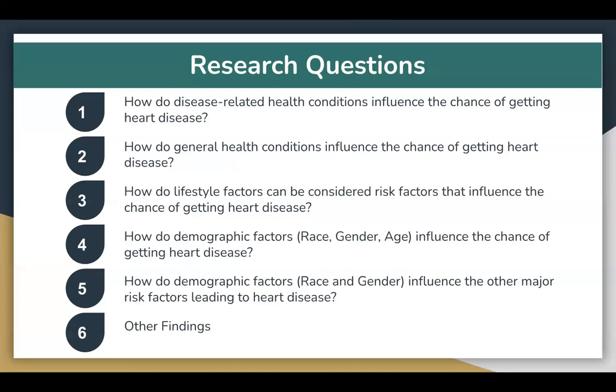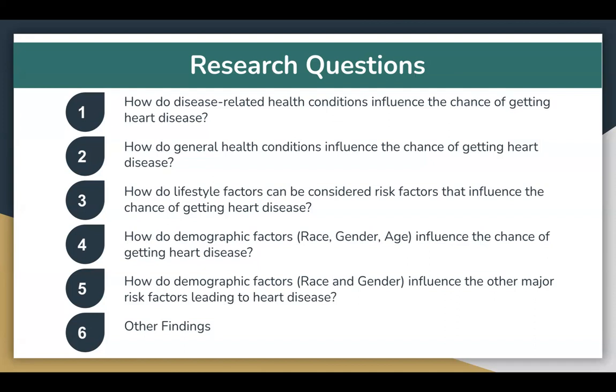The third is the lifestyle risk factors, with variables of alcohol drinking, physical activity, smoking, and sleep time. The fourth is the demographic risk factors like race, gender, and age. The fifth is about all major risk factors. We want to explore the population more susceptible to the major risk factors from disease, general health, and lifestyle. Lastly, we have some interesting findings.